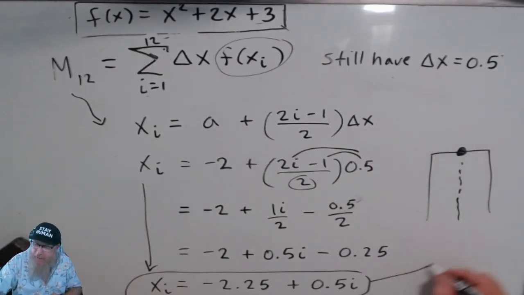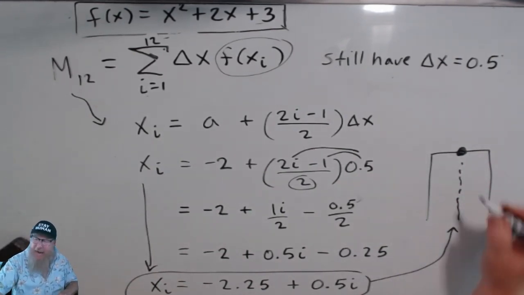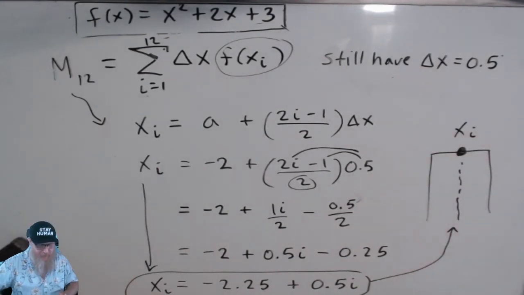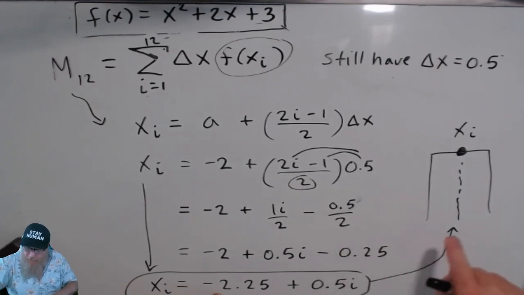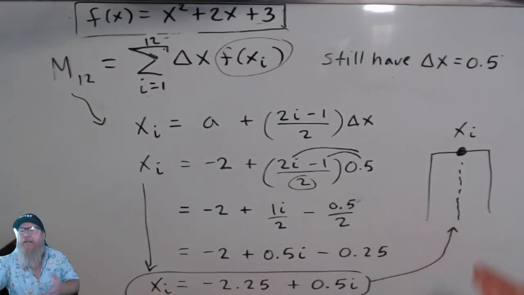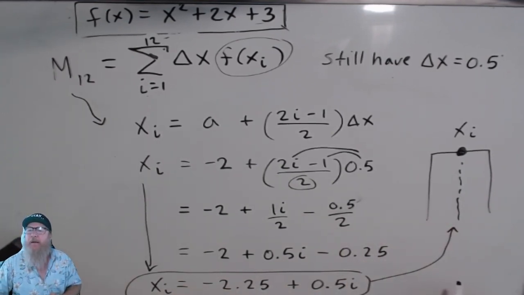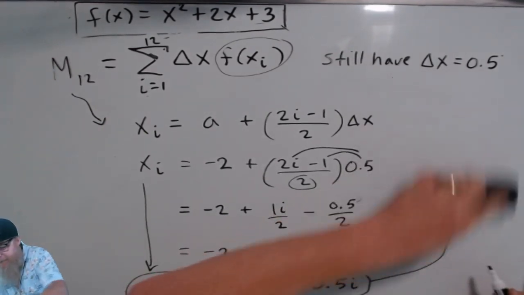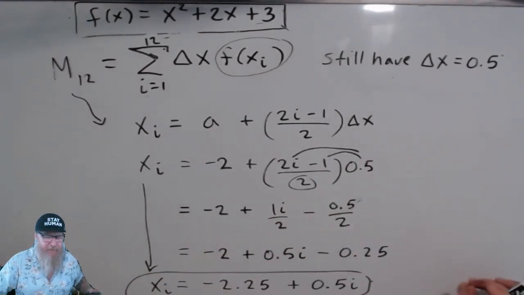So this point here, xi, is in the middle between negative 2.25 and then shifted over to the right another delta x. Okay, but with or without the graph, you can still see that you have the same value.